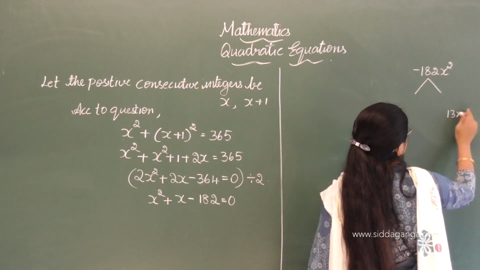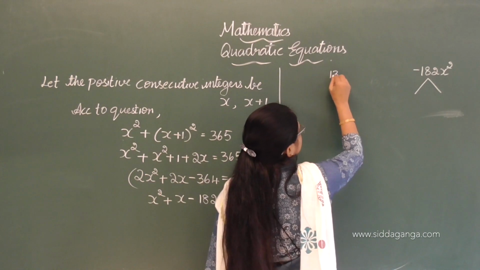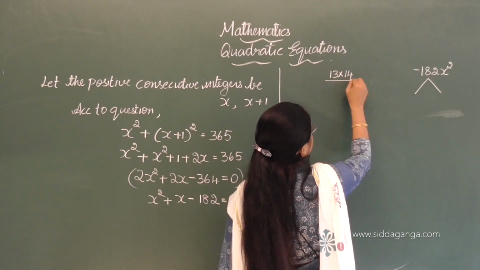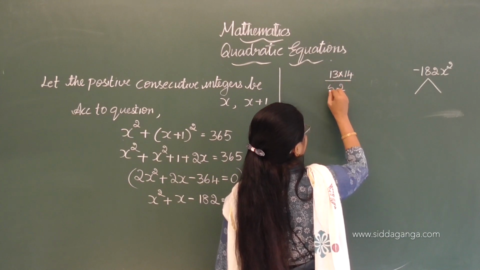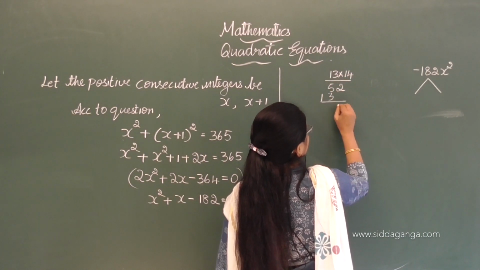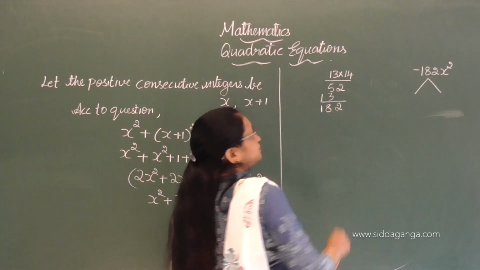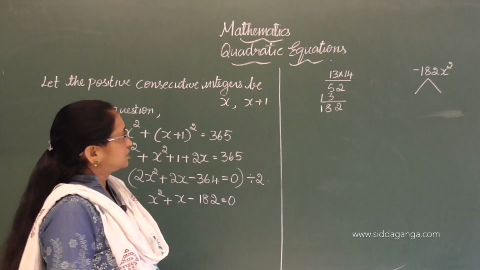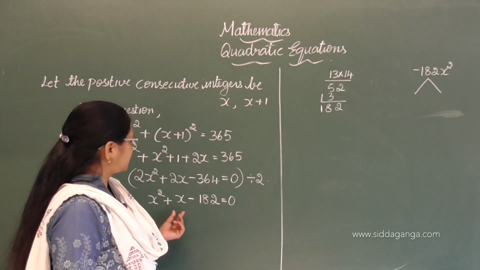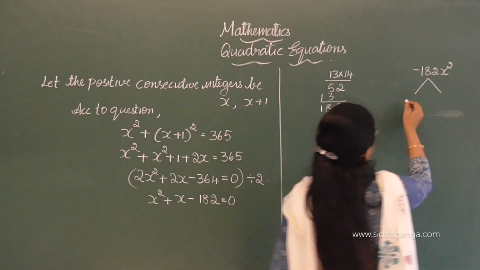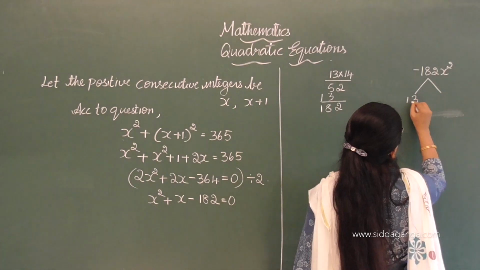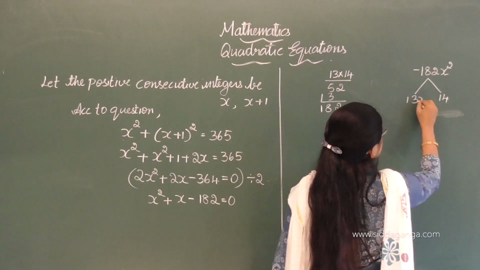Let me do it here, 13 into 14: 4 3s are 12, 1, 4 1s are 4, 5, 13. So that gives 182, and the difference between 13 and 14 is 1. So let us write here 13x and 14x.